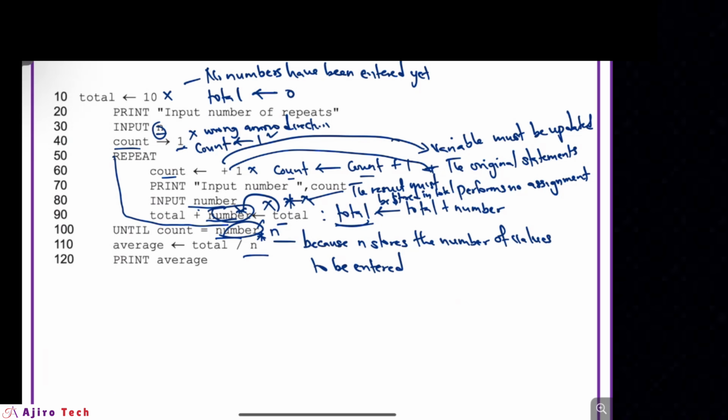So let me write it my own way. I'm going to start with input n, then I'm going to start with count, and then total.